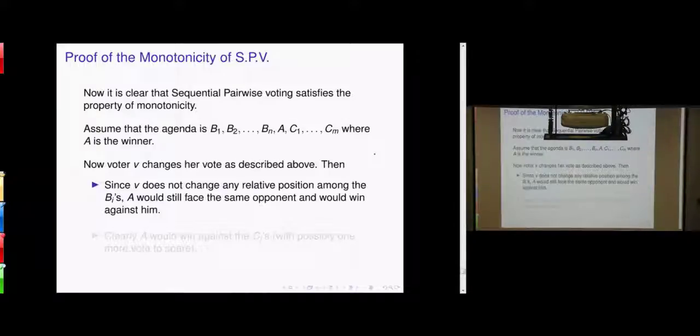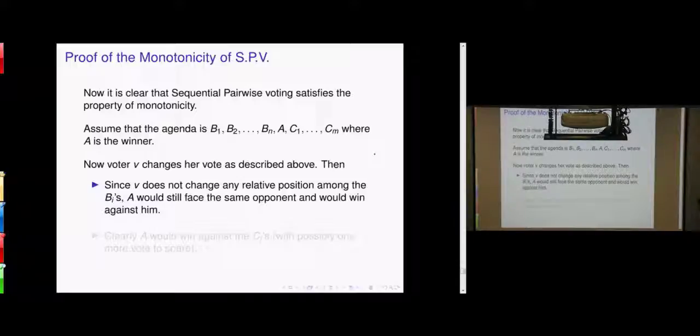Now this voter V changed her vote as described before, by putting A above B. Before, B was above A. Now I want to convince you that after the change, A will still win, following this order.